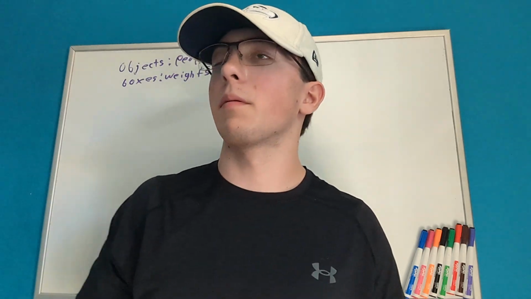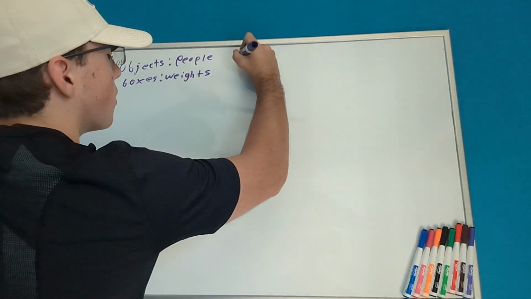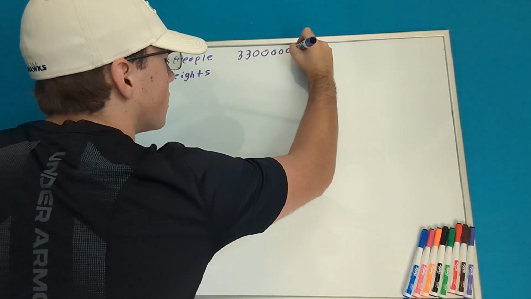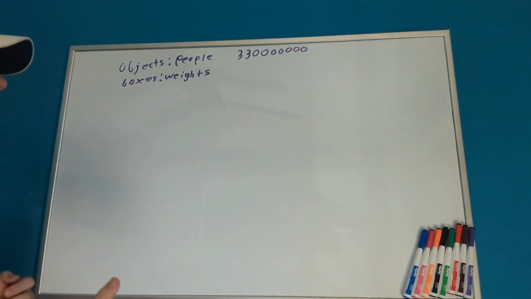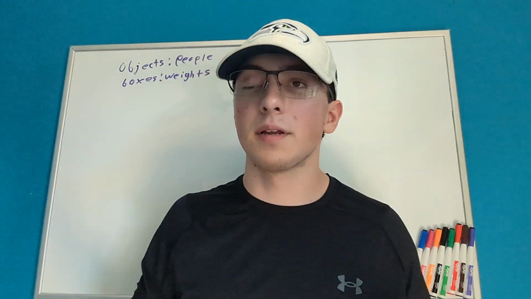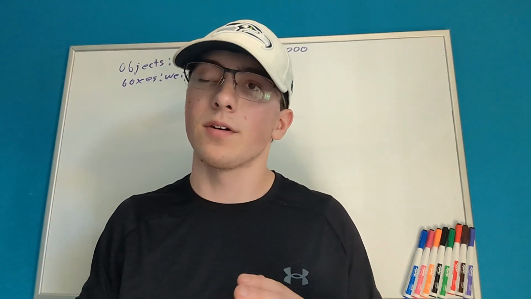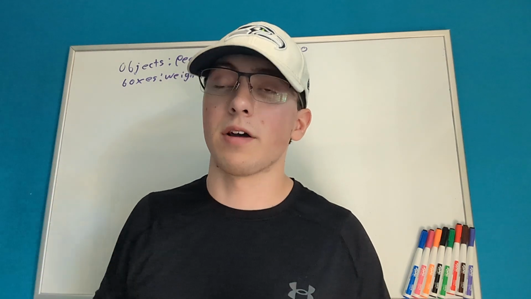So how many people are we working with? Well, how many people are there in the US? There are 330 million people in the US. But with 330 million people, there's a very, very wide range of weights in there. We could go from 0 to 1,000 pounds.